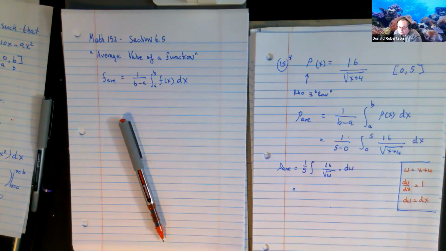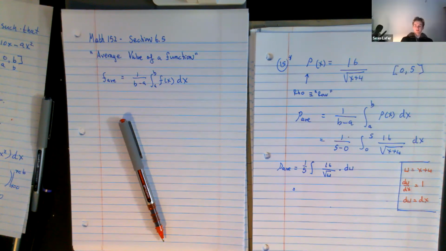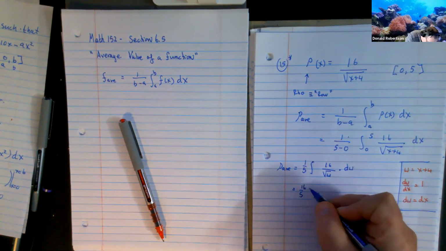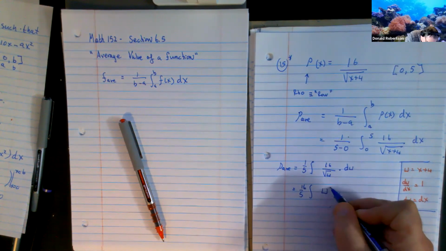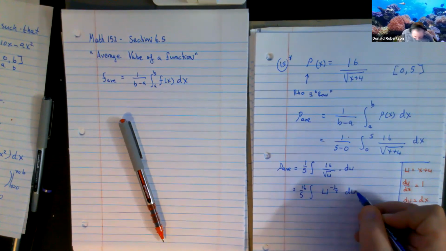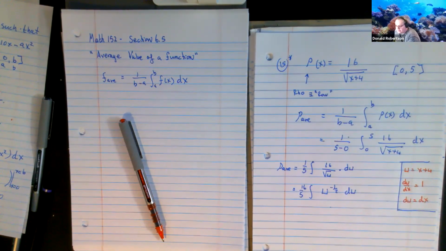What would I do next? Make it 16u to the negative 1/2. Yeah, in fact, can I pull the 16 outside? Yeah, you could do that too. Not that it would be wrong if you didn't, but just get it out of the way.